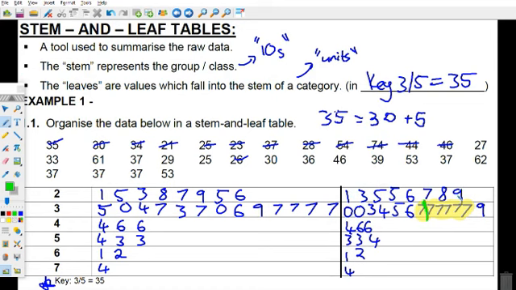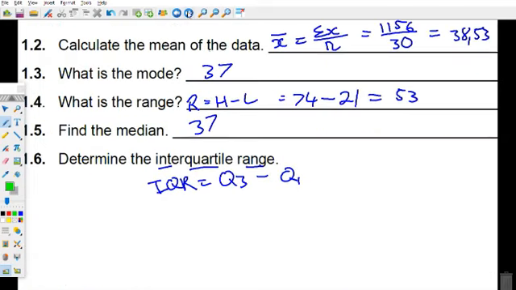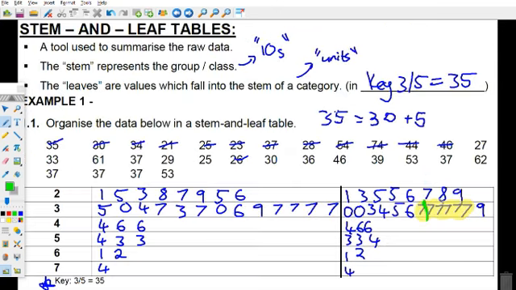If my leaf is 9, and my stem is 2, what's my Q1? 29. There we go. So that's my Q1 value. Now we need to find Q3.